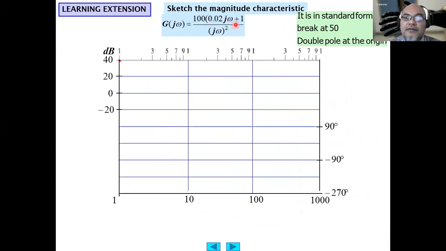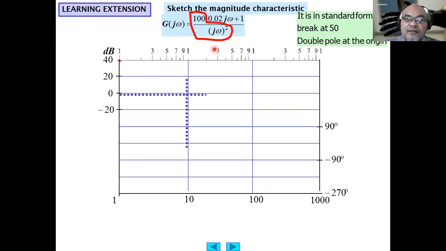So we know that the break is here at this zero, which is 50, where tau equals 0.02, so when it is 50 radian per second, it has the break. Now this one has a double pole at the origin, double because of the square.